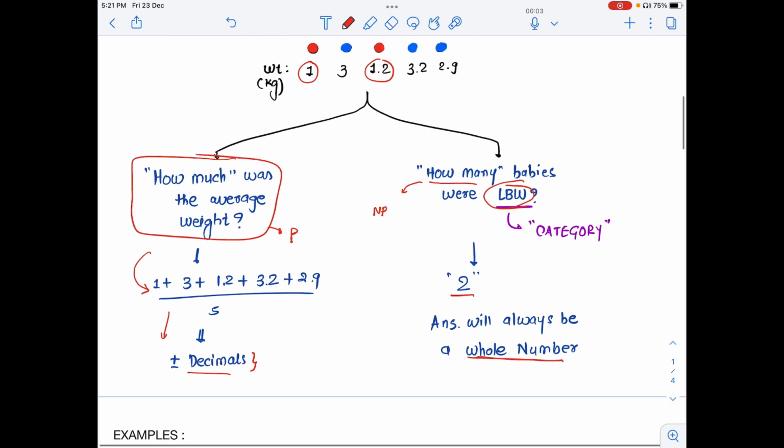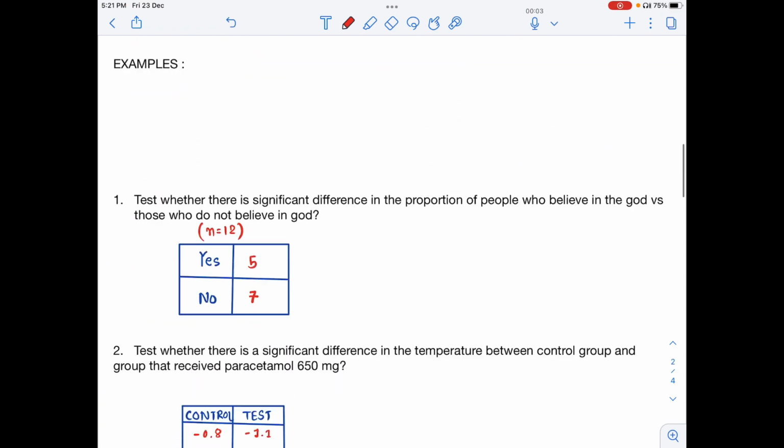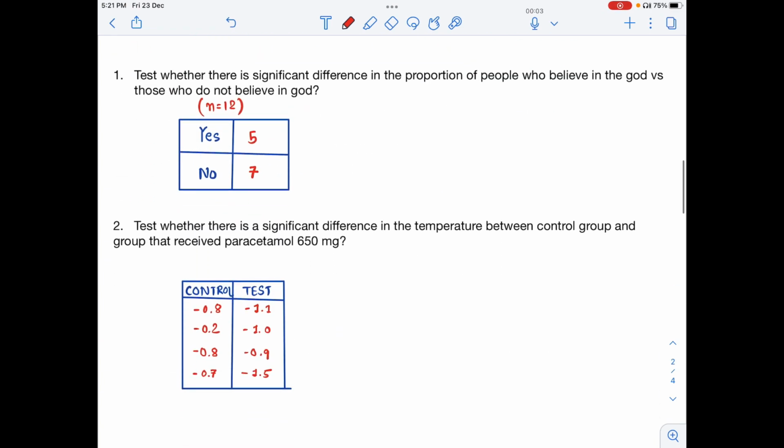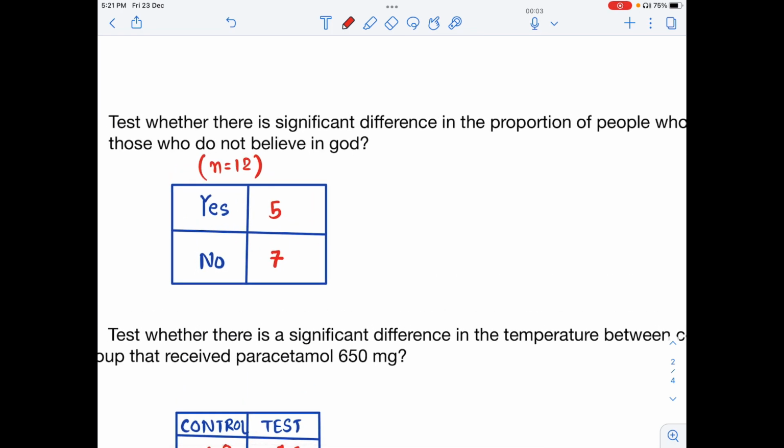So now we will take a look at some examples to strengthen the idea that we have explored above. So here are the examples. First is: test whether there is a significant difference in the proportion of people who believe in God versus those who do not believe in God. Now you are given this table in the question where 5 people say that they do believe in God and 7 people say they do not believe in God. So you have to identify if there is a significant difference between these two.